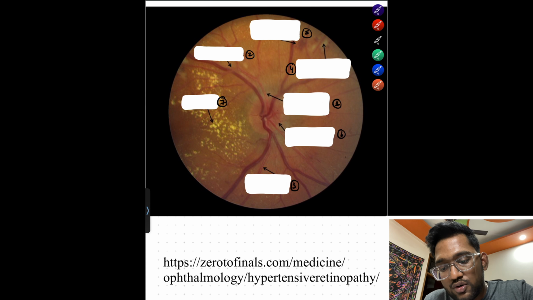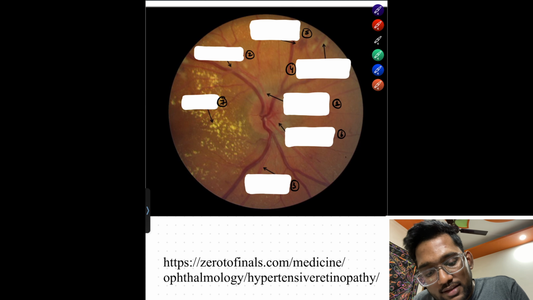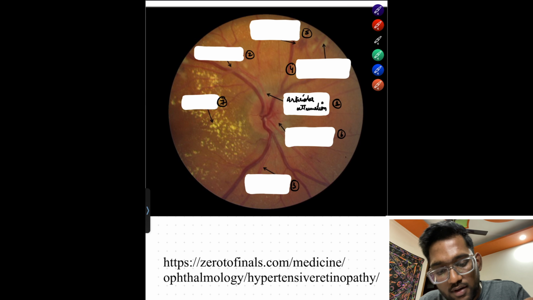So if you look closely at the number 1 feature, the arteriole or the artery which is present, if you take a look at it distally over here, the caliber or the diameter of this vessel is thicker as compared to when it is near the optic disc. What is this? This is basically a grade 1 feature, that is arteriolar attenuation. Now let us look at the second feature.